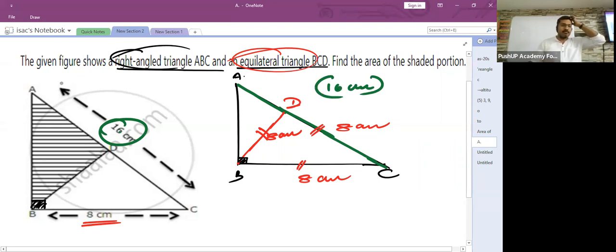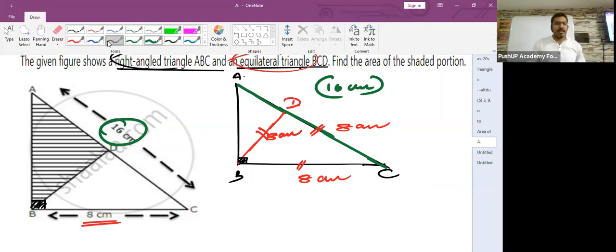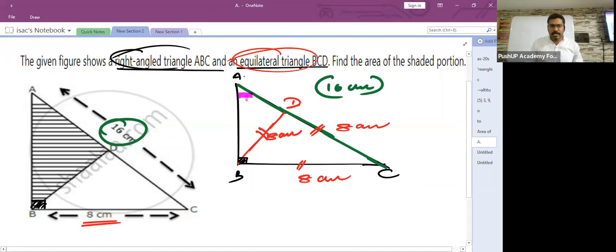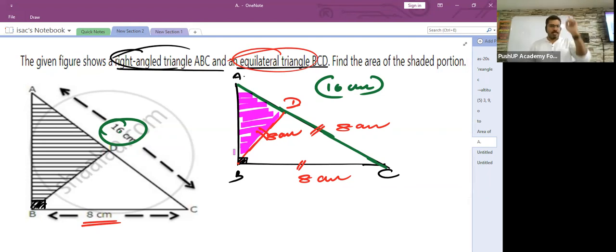They are asking you to find how much would be the area of this shaded portion. Which portion was shaded, children? I think this portion, triangle ABD, was shaded. Isn't it? Triangle ABD was shaded. So they are asking you how much would be the area occupied by that shaded portion, which is triangle ABD.